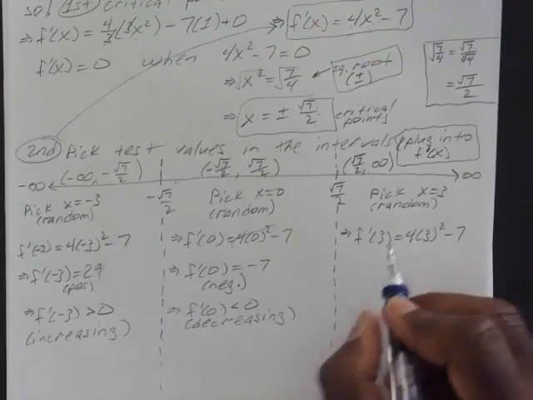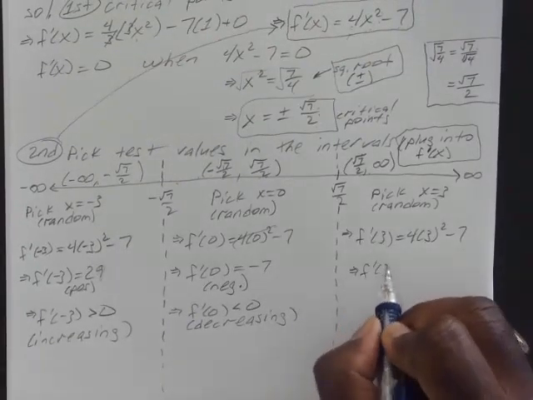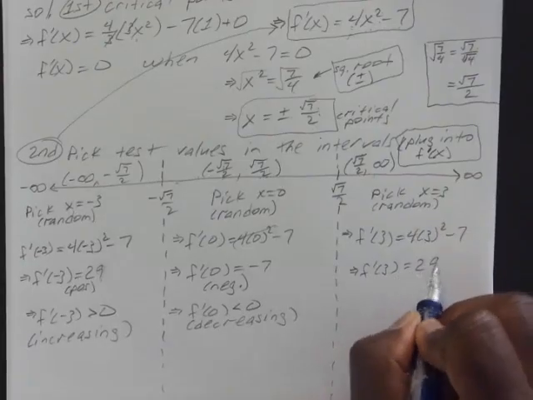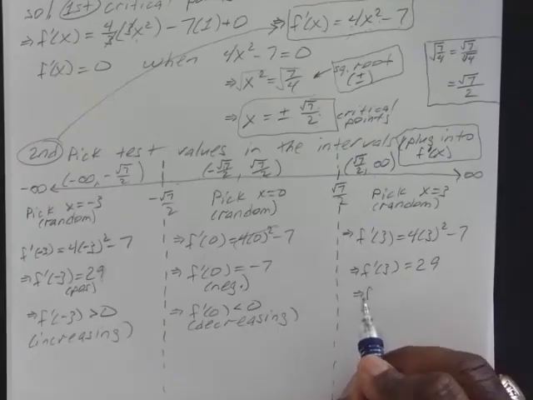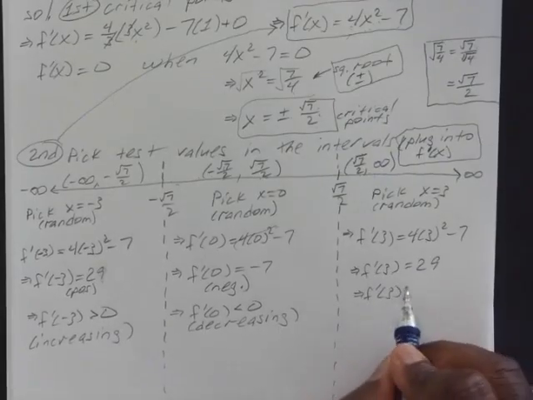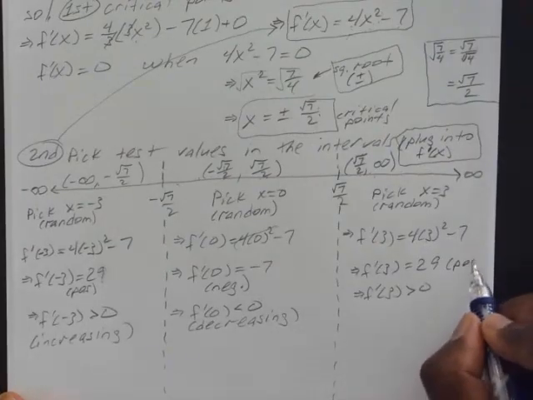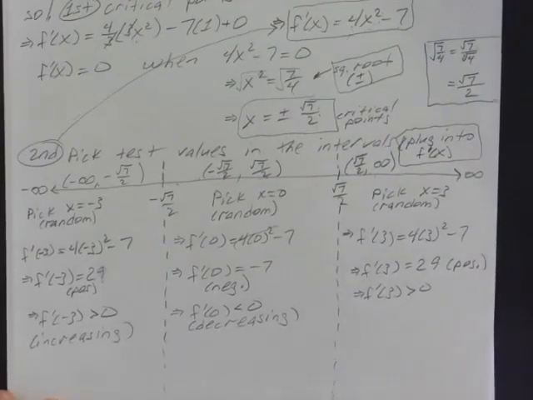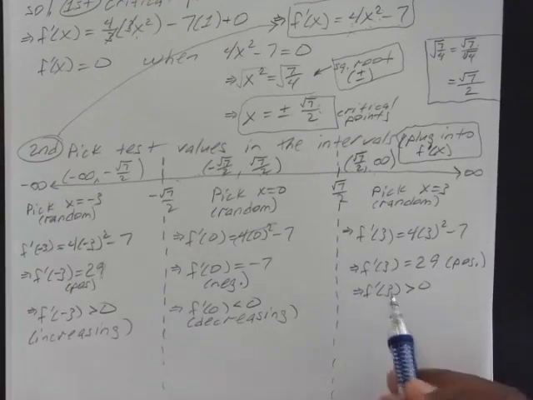Okay, so this gives us +29, which means that it's increasing at +3. I forgot to put my little positive there. So since the derivative is positive at that point, we know that it's increasing.